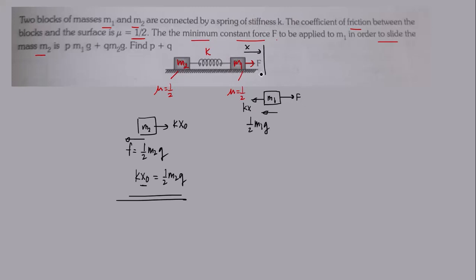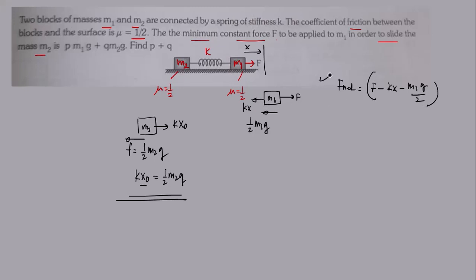So the net force on the block M1 can be written as F minus Kx minus M1g by 2.